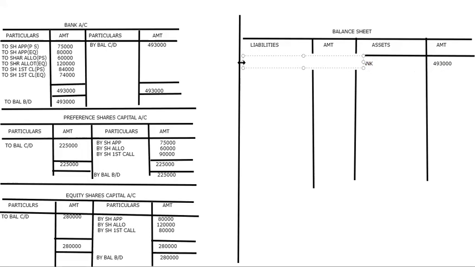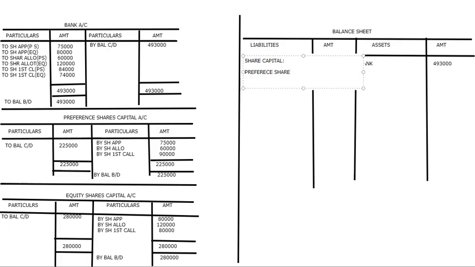Now here we are going to write. Now it is a capital number. So here what we are going to write is share capital. Then in that first we have introduced what? Preference share capital.